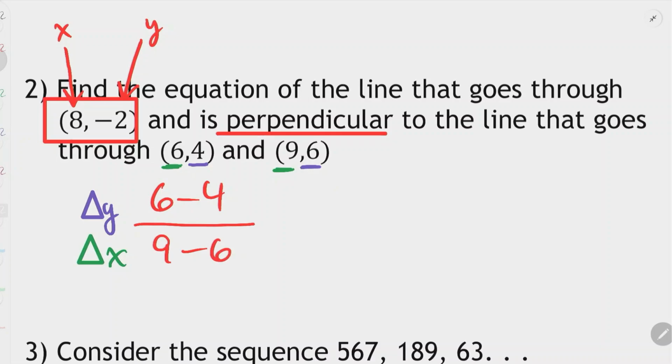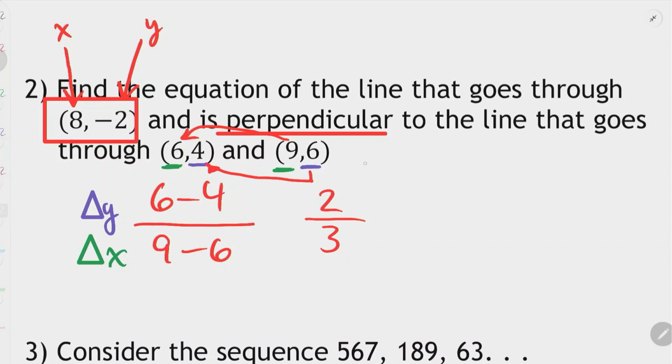Okay, what am I doing? I'm taking this y and subtracting this y, so 6 minus 4 is in my numerator, and 9 minus 6 goes in my denominator. 6 minus 4 is 2, and 9 minus 6 is 3. So the slope of the line through those two points is 2/3.